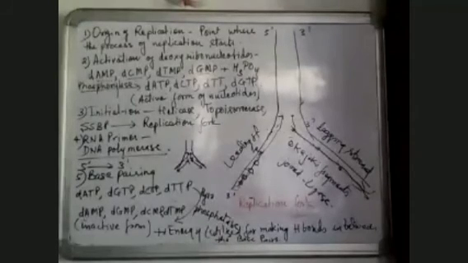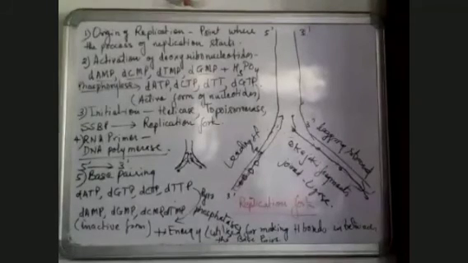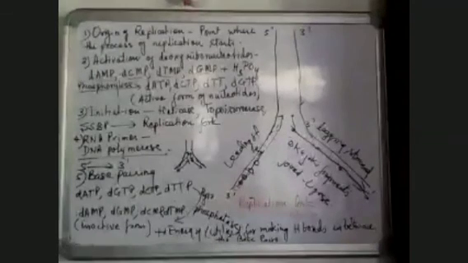Then it will open again, and again a primer will be added, and it will go in the direction 5' to 3', and thus another new stretch is formed. So every time a new primer is added, which forms a new stretch of DNA strand, these are known as Okazaki fragments. So this is present in the lagging strand.